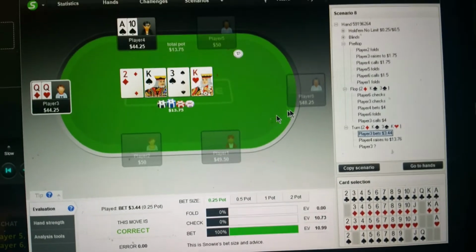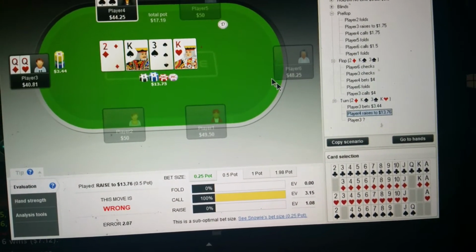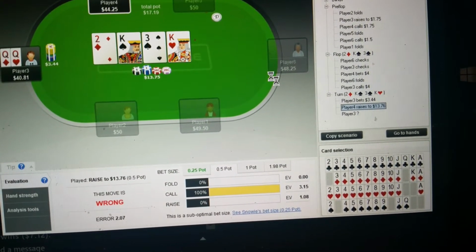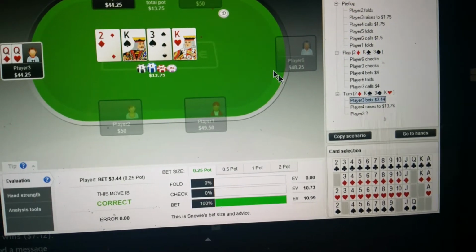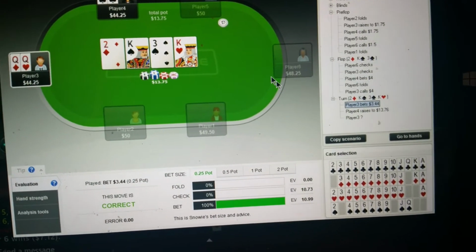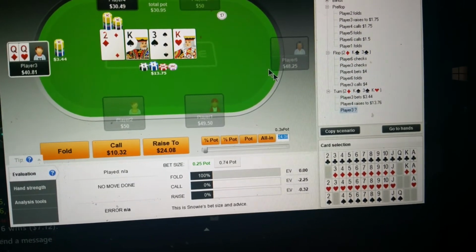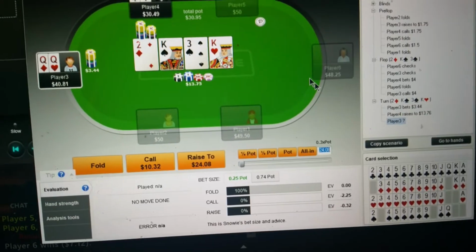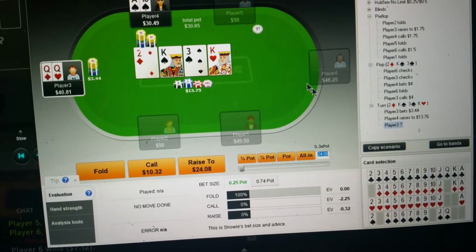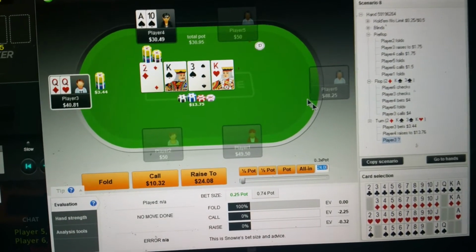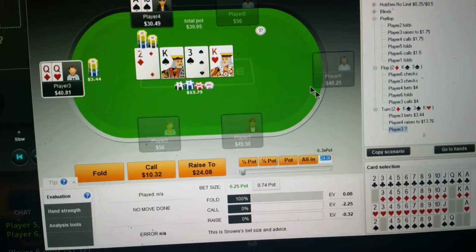So if I were to bet quarter pot, and if I were to get raised, then I'm supposed to fold. So that is kind of fine with that last part, with folding after being raised.